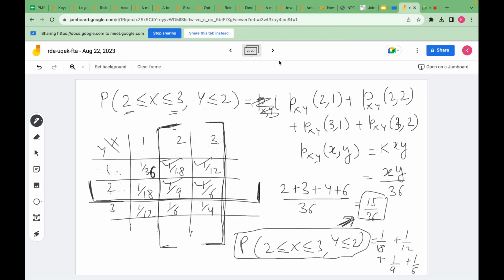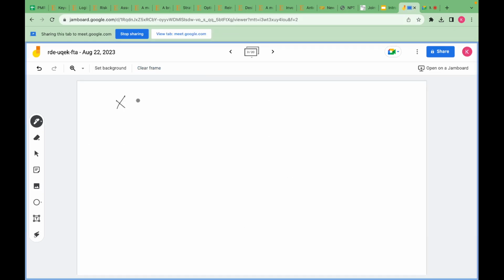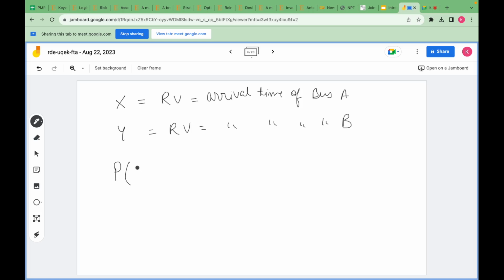Okay, so we are given that x is the random variable which shows the arrival time of bus A. Y is the random variable showing the arrival time of bus B. We need to find the probability that bus A will arrive before bus B. So what will this expression be in terms of x and y?